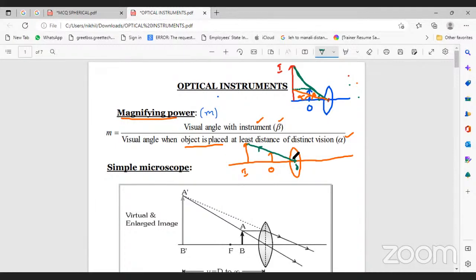Now, this is the angle subtended by the instrument. Because of the lens only, I am getting this image, right? The angle made for the image by the instrument at the center, I will denote as beta.